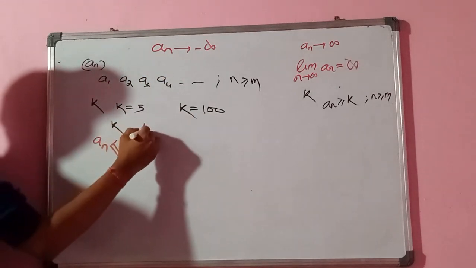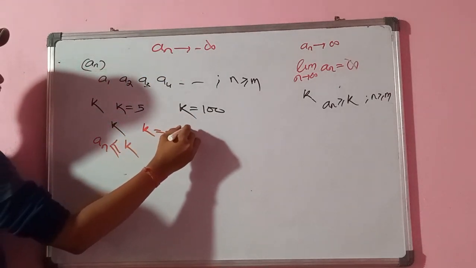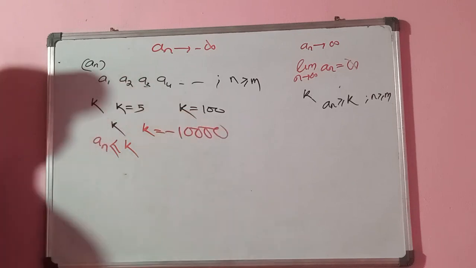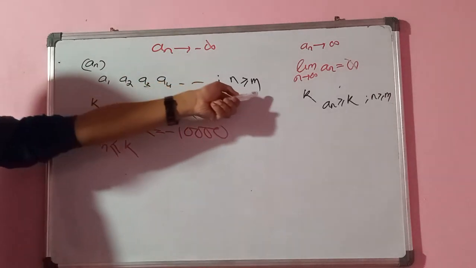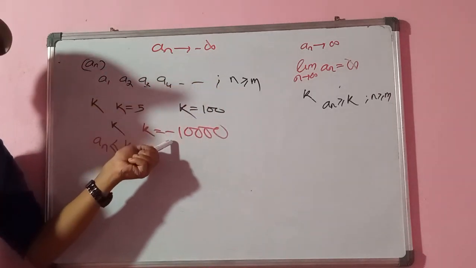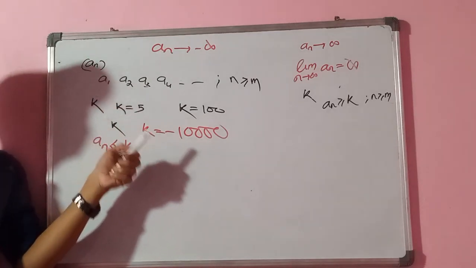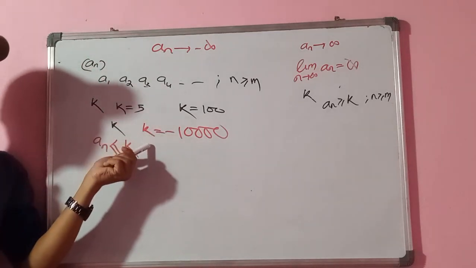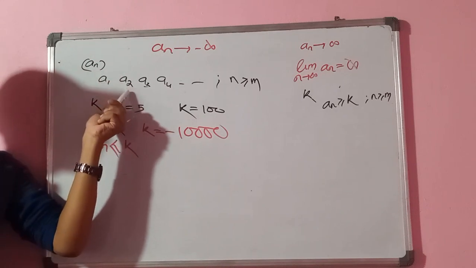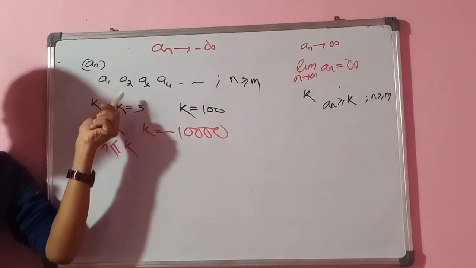Suppose we take k equal to minus 10,000, all the terms after n greater than equal to m should be less than minus 10,000. Then take k equal to minus 1,000 crore, then all the terms should be less than this, meaning limit of sequence is equal to minus infinity.